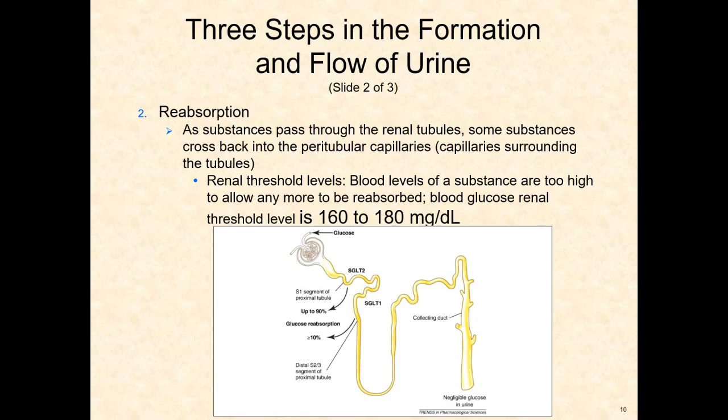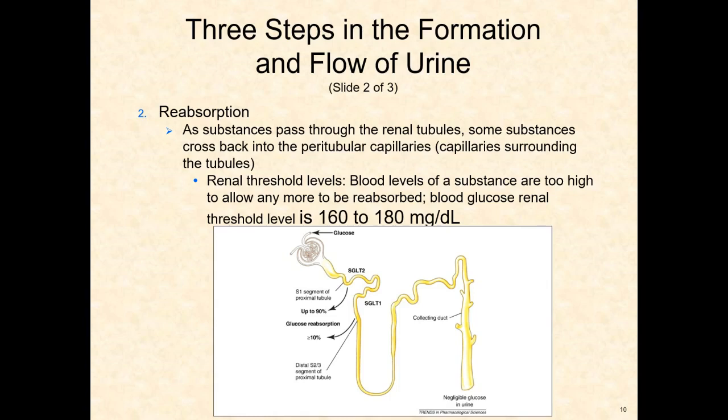The next step is reabsorption. As that filtrate starts to travel through these tubules, things that your body needs are reabsorbed back into the blood. Examples are glucose. We shouldn't have any glucose in our urine. Glucose is blood sugar. Your nephron has the ability to push glucose back into the bloodstream until your blood levels are between 160 and 180 milligrams per deciliter.